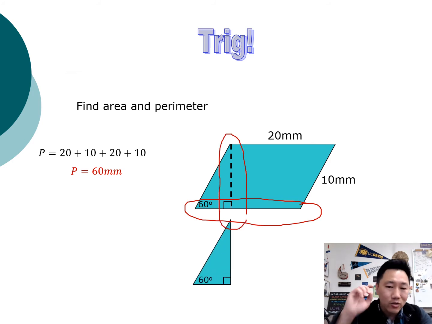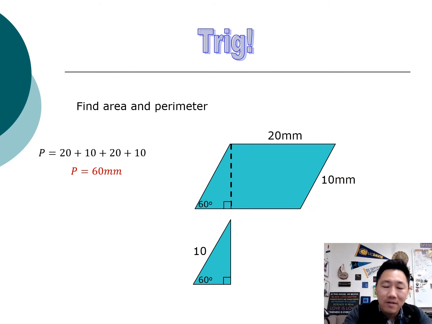So I went ahead and drew a separate triangle. The hypotenuse is 10. It's the same as this side. Hopefully that'll help. Notice it is a 30, 60, 90 special right triangle. Oh man, you have to remember those rules as well. To go from the hypotenuse to the short side, remember it was just half.